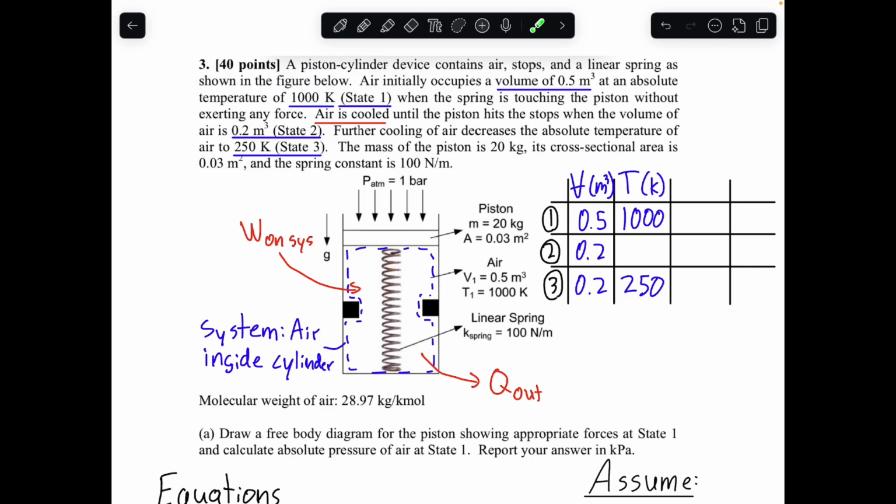Well, we need to be really careful because it's asking us to figure out what's happening at state 1. And the problem tells us that at state 1, the spring is touching the piston without exerting any force. It's just kind of chilling there. So we don't want to include that force of the spring in our free body diagram, so we'll only have the three that we just discussed.